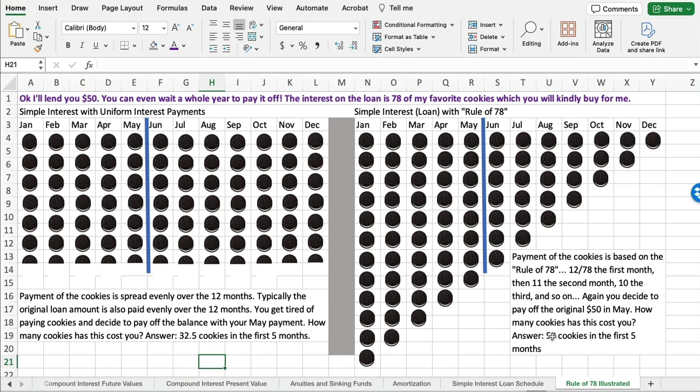So that hopefully helps you to see what the rule of 78 is about and gives you a feel for it. If you're going to take the whole 12 months to pay off the loan, it really doesn't matter, because you're going to be making the same kinds of payments every month anyway.